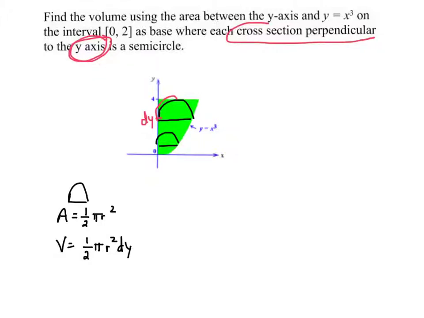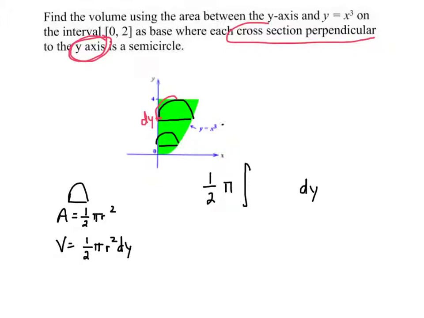Okay, so it's just a subtle little change here: when it's perpendicular to the x-axis, dx is the thickness of our little prisms. When it's perpendicular to the y-axis, dy is the thickness of our little prisms. So we need to make sure and be careful of that. And as I set up this integral, 1/2 pi up front, and integrate, and it is going to be dy.